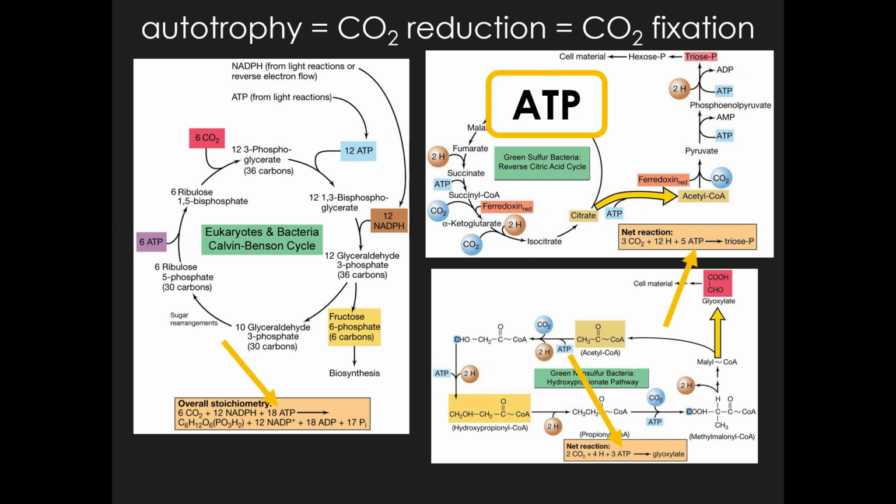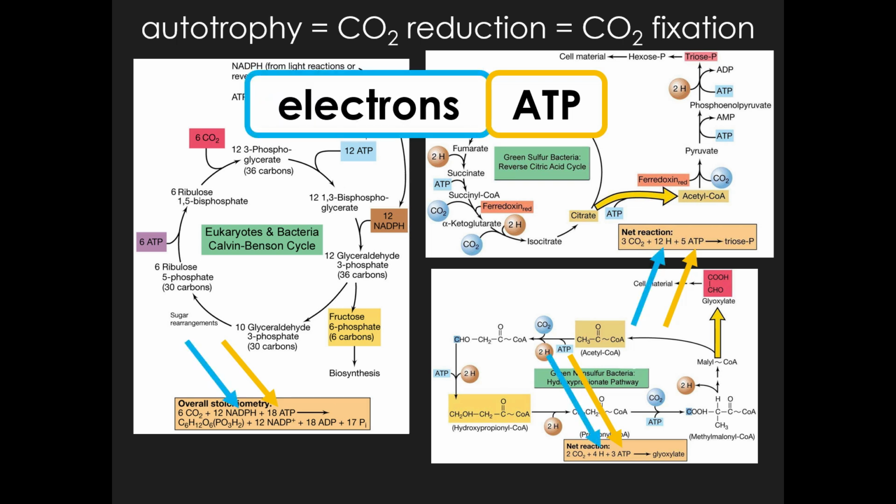These are energetically very expensive processes, and ATP is the currency of the cell, which fuels the reduction of CO2, and of course the reduction requires electrons. So each of these has a hefty ATP requirement in order to make an organic carbon molecule.